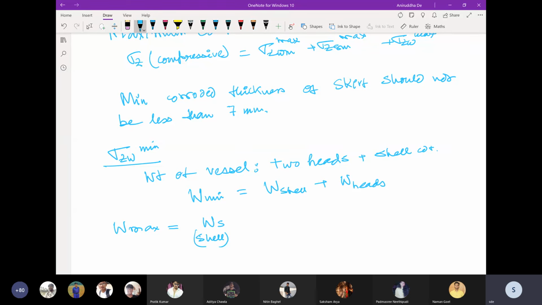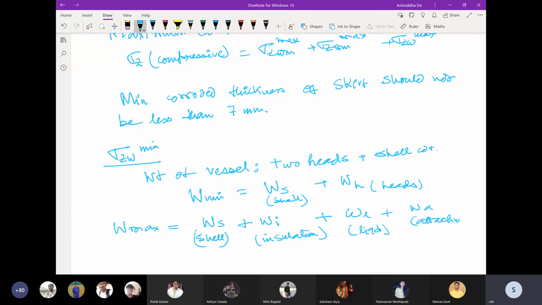We can use the same nomenclature. S stands for shell, H for heads. W maximum is WS plus WH plus WI, where WI is the weight of the insulation, plus WL for the liquid, plus WA for the attachments.